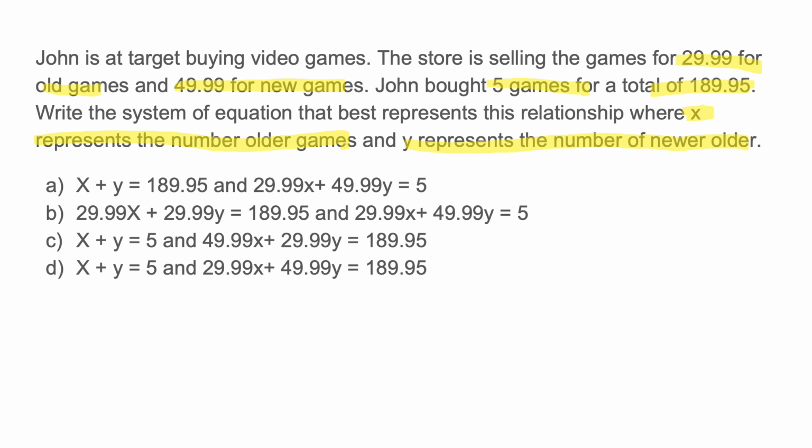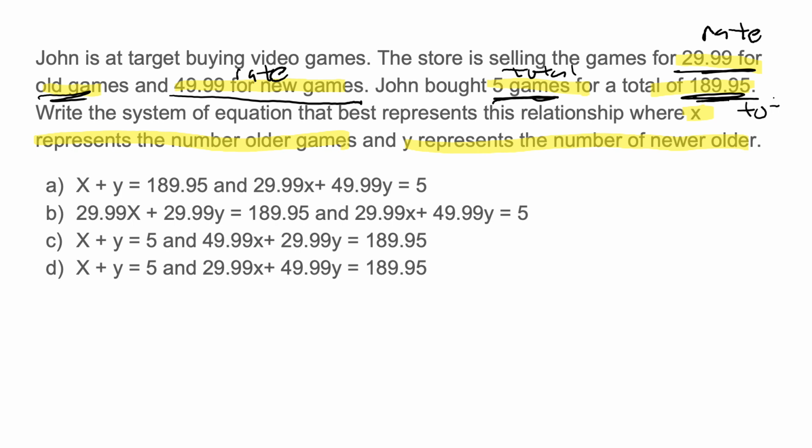So, going back and reading the problem, it sounds like I have 2 rates. So this is rate 1. This is the second rate. Sounds like I have a total right here. Then it sounds like I have a second total right here. Knowing this, I had to use standard form.